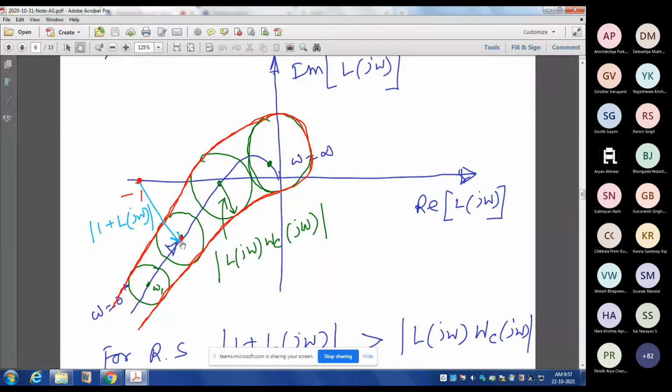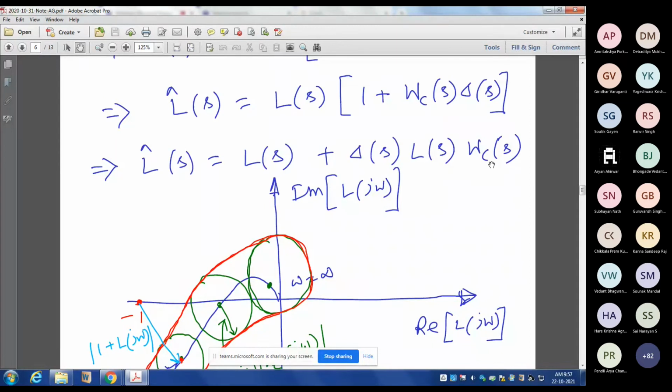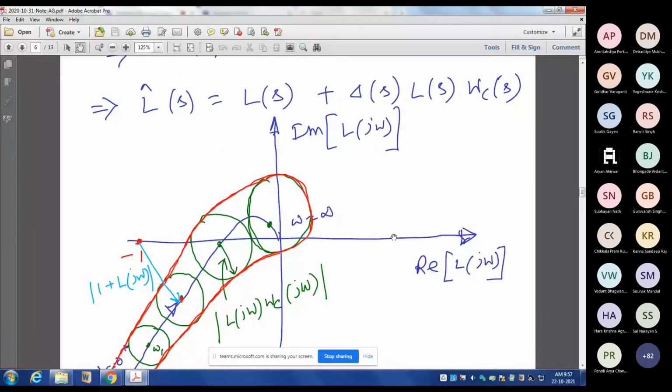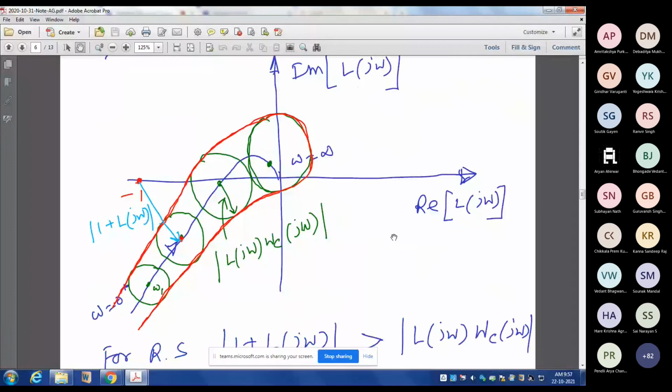Now what is the distance from here to here?